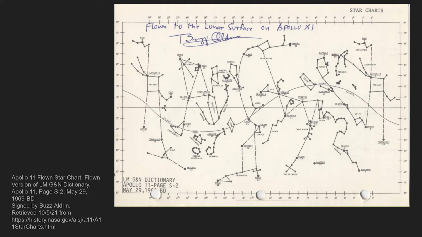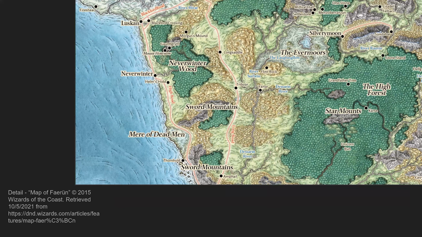But maps don't have to be of traditional things either. What we're looking at here is the map of the fictional world of Faerun, which is the Dungeons and Dragons homeland. But it looks very similar to that map of North America that I showed a minute ago, right? We have some things that imply connections between circular things that represent some form of city or something like that.